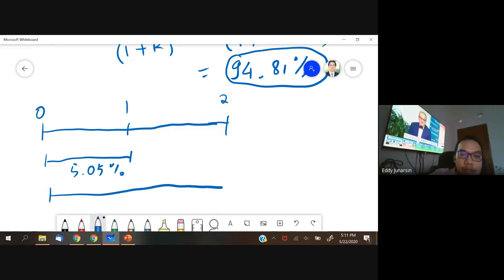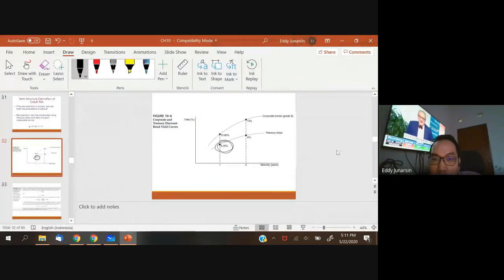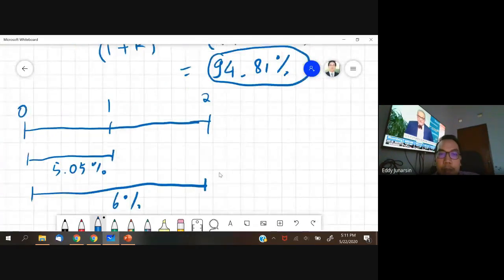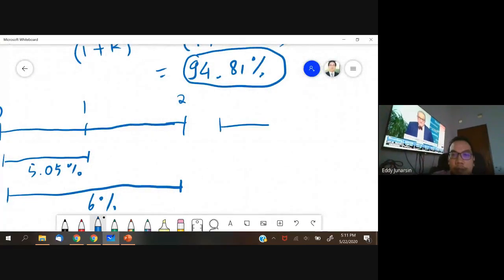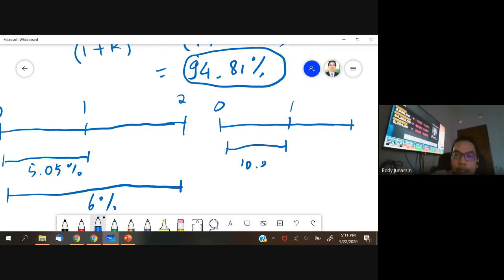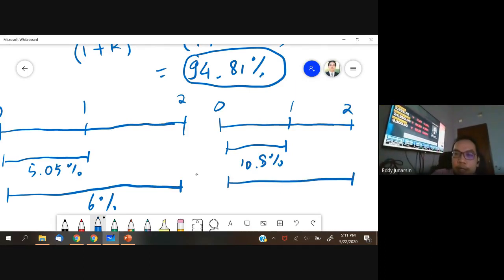And then this is 6. And then for the corporate one, here 10.8. And then here, what's that again? 13?